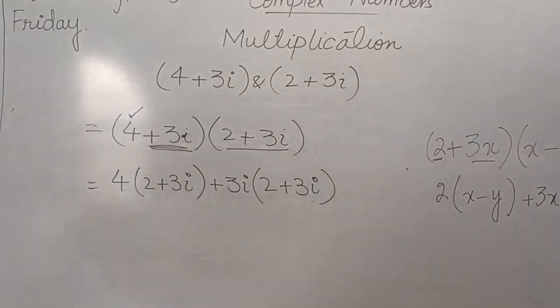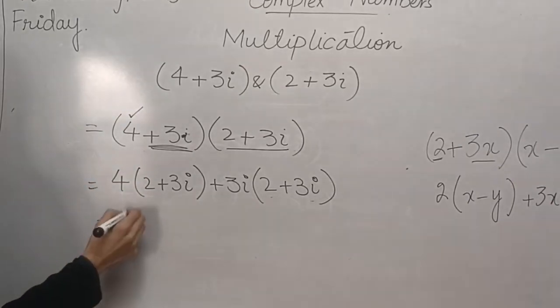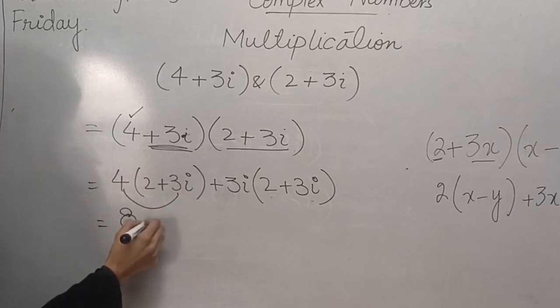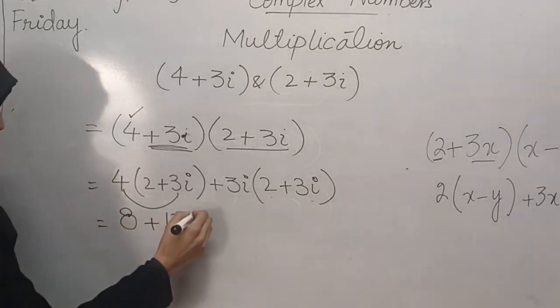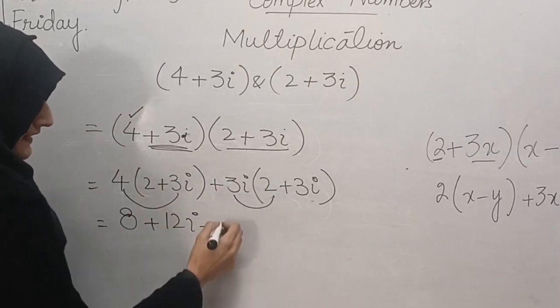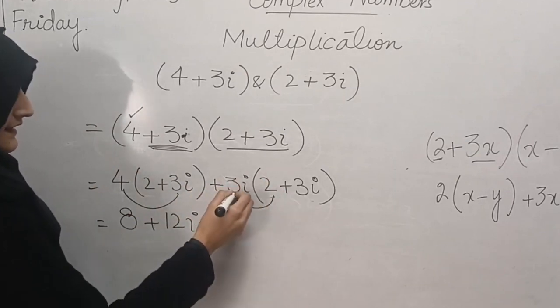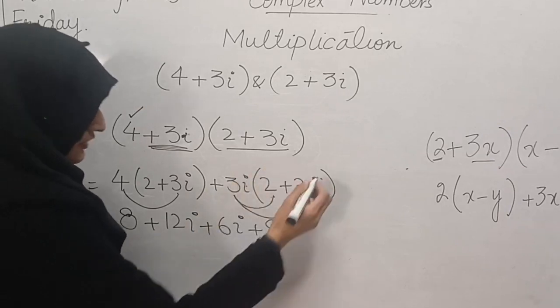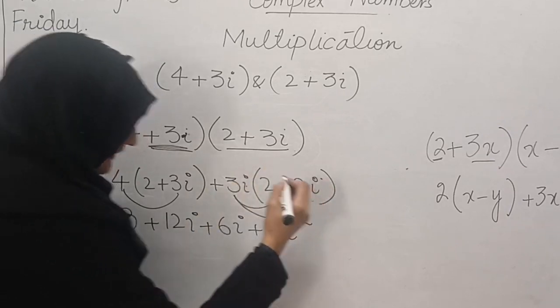Now multiply them. 4 times 2 is 8. 4 multiplied by 3 is 12 iota. Plus 3 times 2 is 6 iota. And 3 times 3 is 9, iota times iota is iota square.